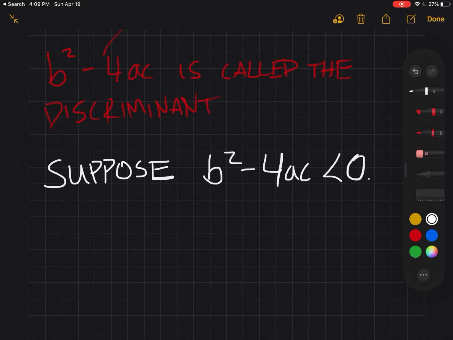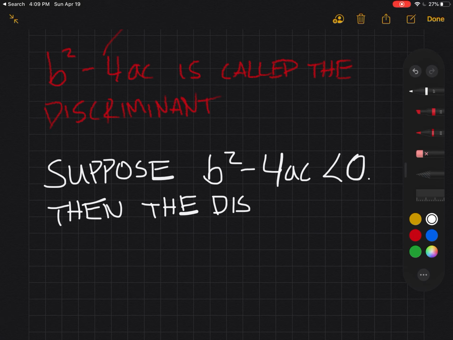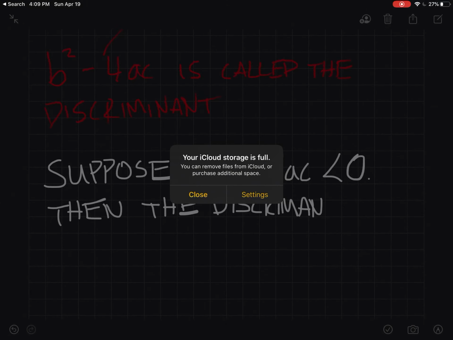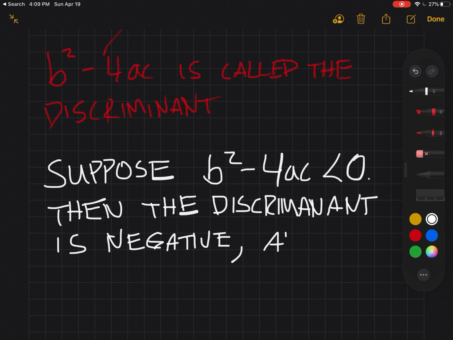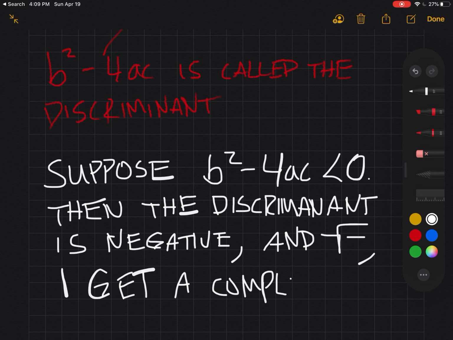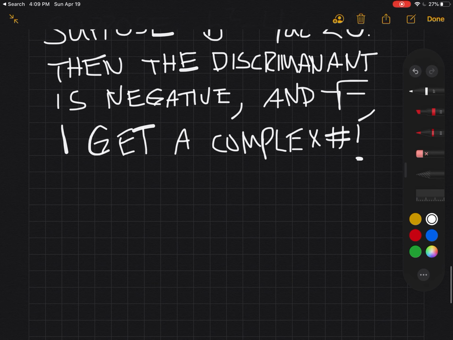So we talked about complex numbers and imaginary numbers here this week. And this is called the discriminant because it's going to help us figure out the different kinds of solutions we can have for our quadratic equation. So let's suppose that b squared minus 4ac is less than 0. Then the discriminant, spelling, guys, it's hard, is negative.